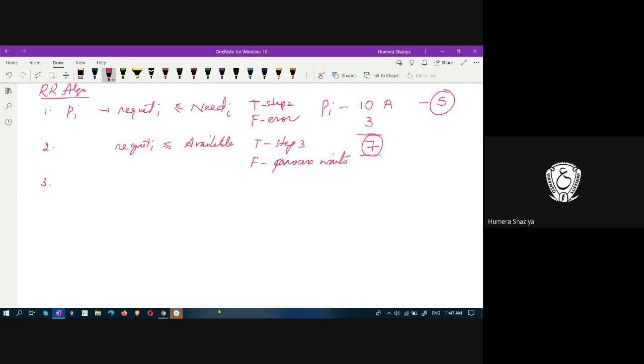pretends that the resources have been allocated to the requesting process, and then the other algorithm, which is safety algorithm, is executed to check whether this allocation will lead to a safe state or not.